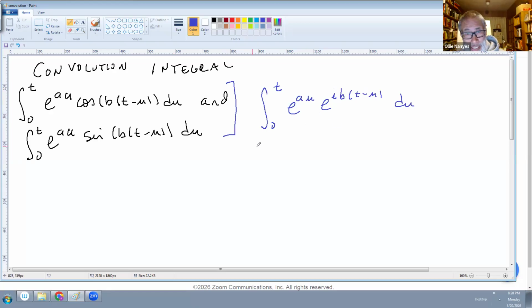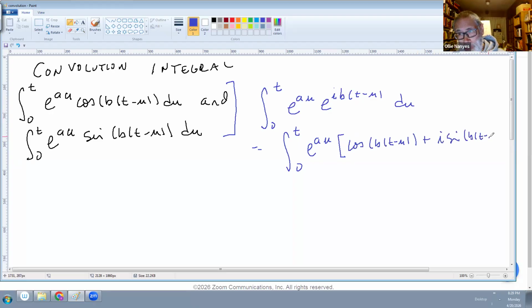And recognizing that before I actually do the integral calculation, using Euler's formula, what this boils down to is that this is going to be cosine of b(t minus u) plus i sine b(t minus u) du.